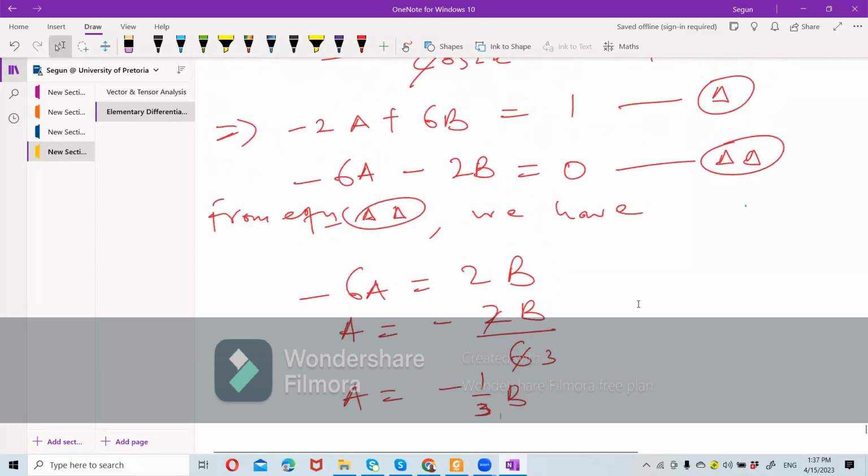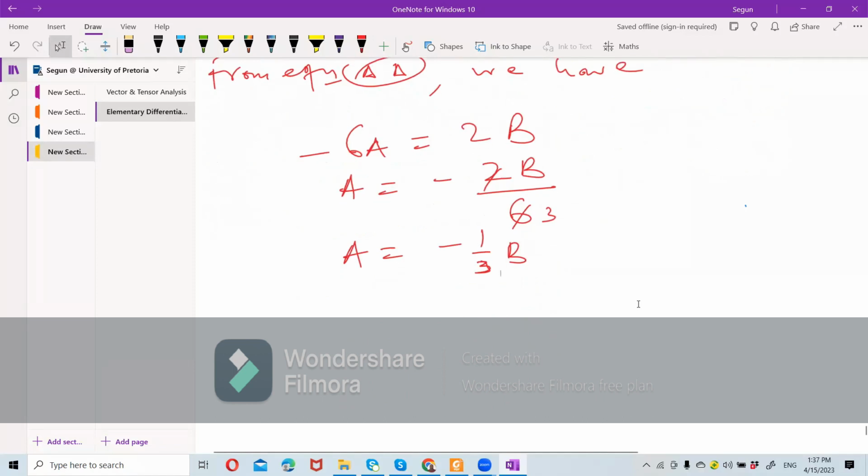So where do we substitute? Go to equation triangle.